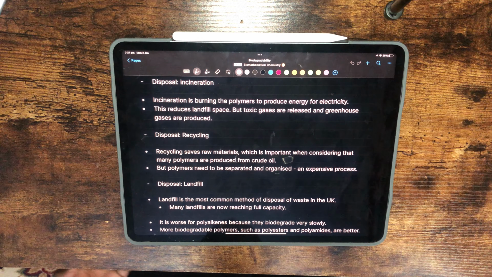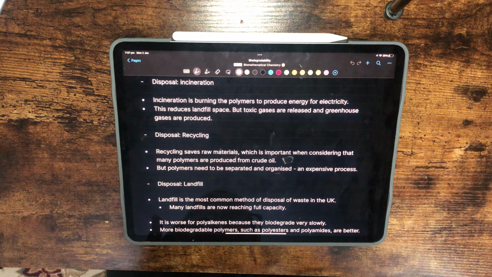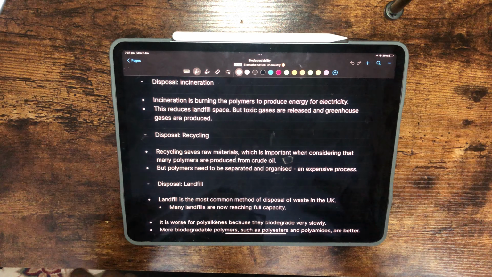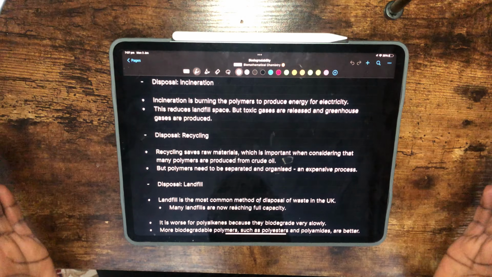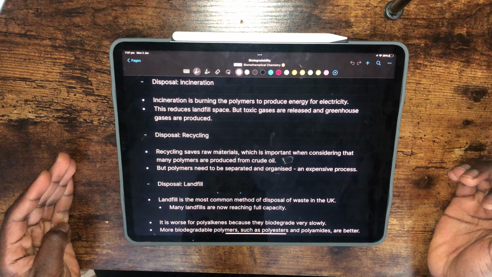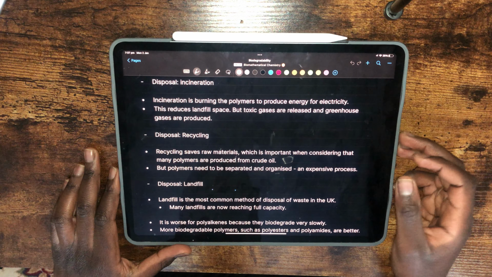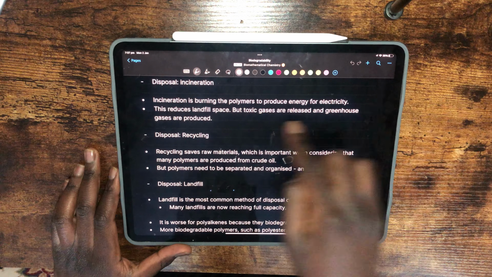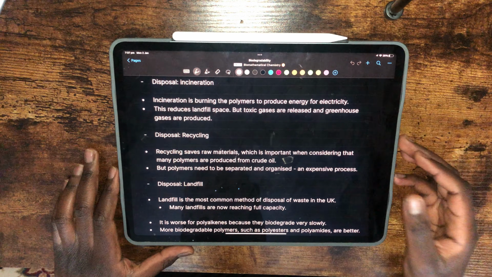You can use that energy to heat water, which produces steam. The steam then turns a turbine that powers a generator, and so on. You don't need to know too much about the complexities of it, but just know that incineration is a way to dispose of compounds, and it has uses producing electricity. But there are drawbacks, because it does release toxic gases and also produces and releases greenhouse gases.